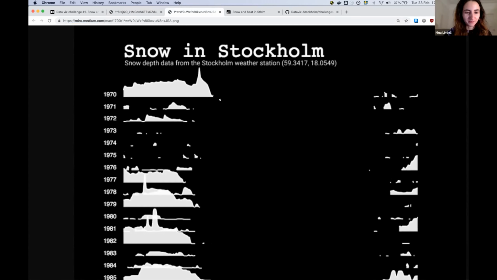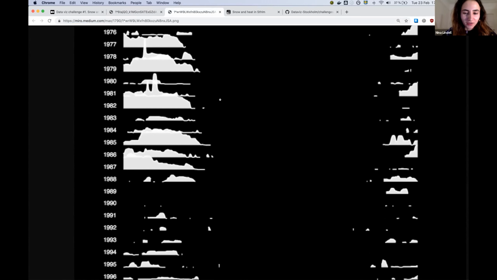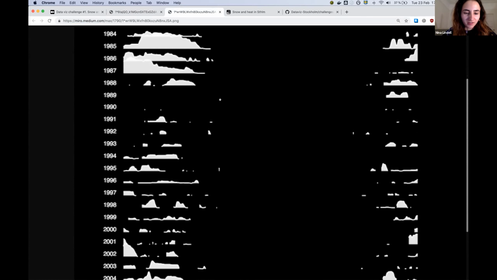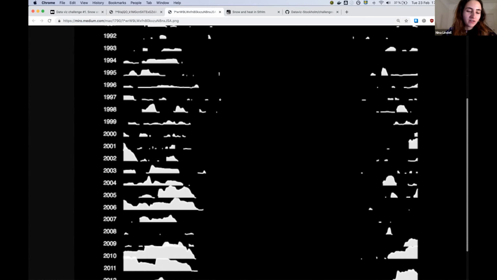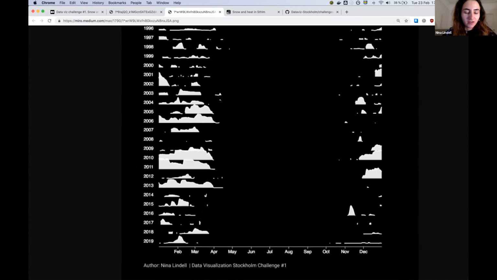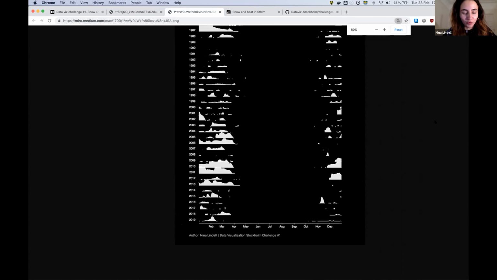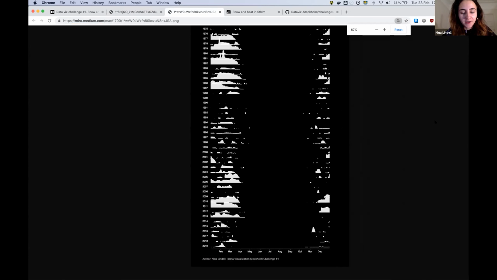Yeah, so I have a little bit of a similar story. I started prototyping in Tableau, so I looked at the data there to see how many years we actually have and what the values are. I wanted to show the trend over time because I was interested in, as I think a lot of us are, whether it actually snowed more before than it does right now.